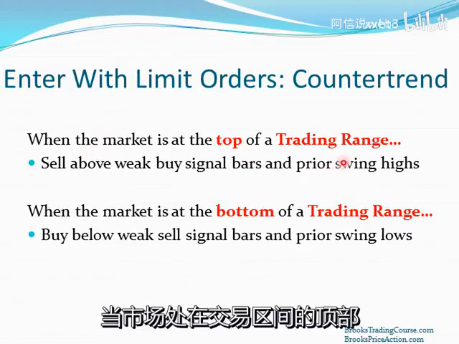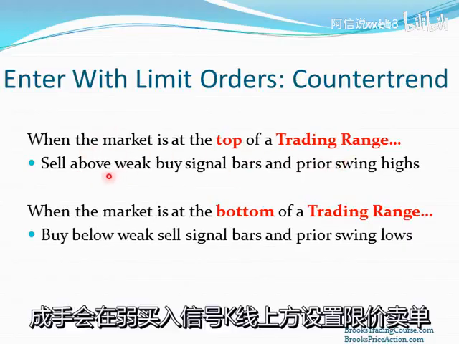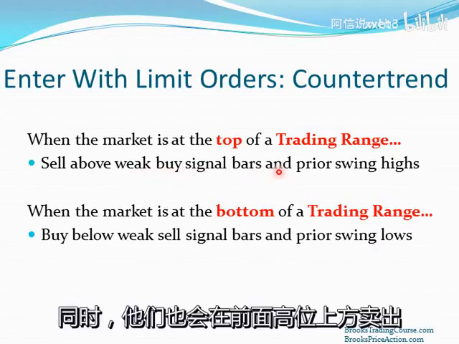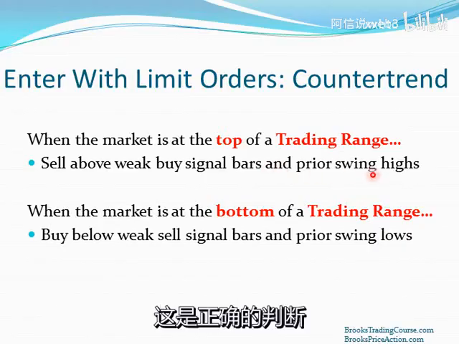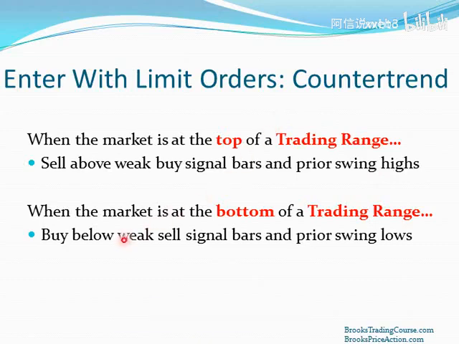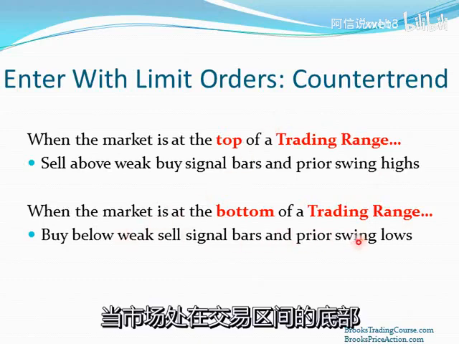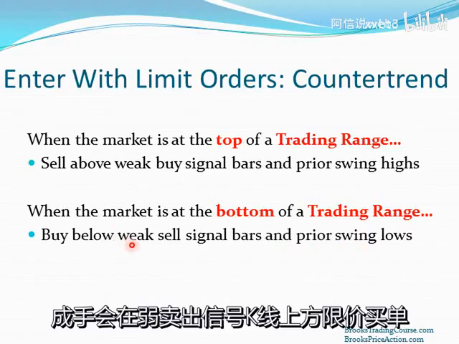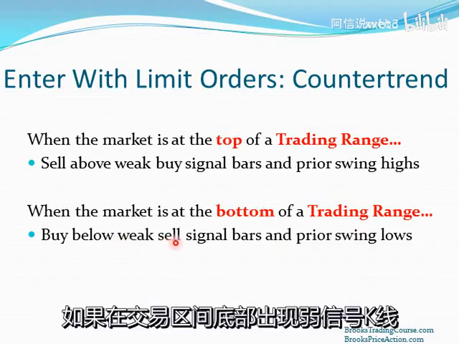So when the market's at the top of a trading range, experienced traders will sell above the high of a weak buy signal bar, and they'll also sell above prior highs, betting that breakouts will fail, and that's the correct assumption. When the market's at a bottom of a trading range, traders will buy below the low of a weak sell signal bar.